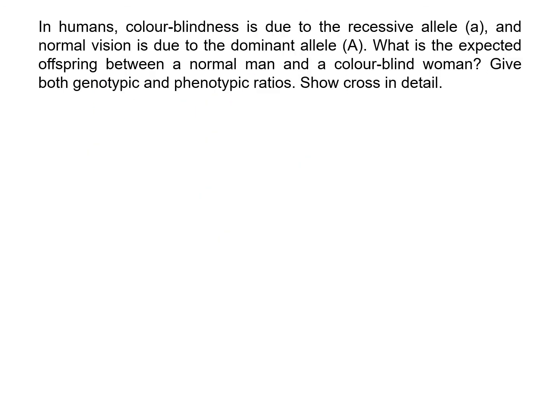So let us now look at an example of a sex-linked disorder. The question reads as follows. In humans, color blindness, and we know that color blindness is definitely a sex-linked disorder, so we will be dealing with XX and XY in this question, is due to the recessive allele small letter a, and normal vision is due to the dominant allele.